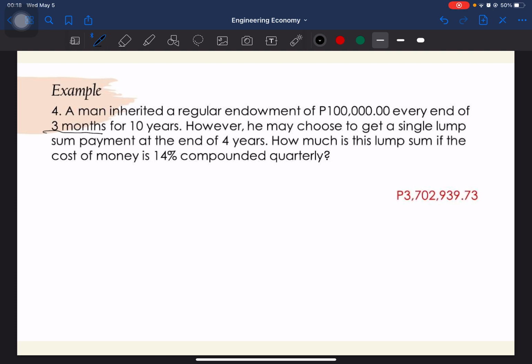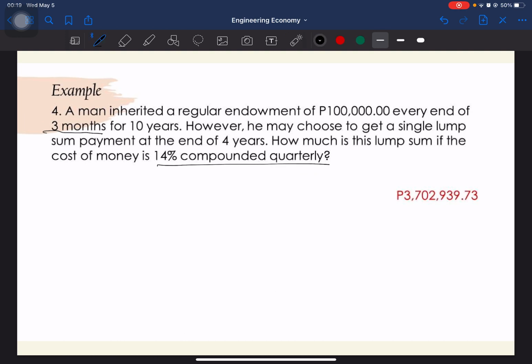However, he may choose to get a single lump sum payment at the end of 4 years. So how much is this lump sum if the cost of money is 14% compounded quarterly? Take note that we have no problem converting the interest rate kasi parehas lang sila ng compounding period. So 3 months every quarter and your interest rate is 14% compounded quarterly.